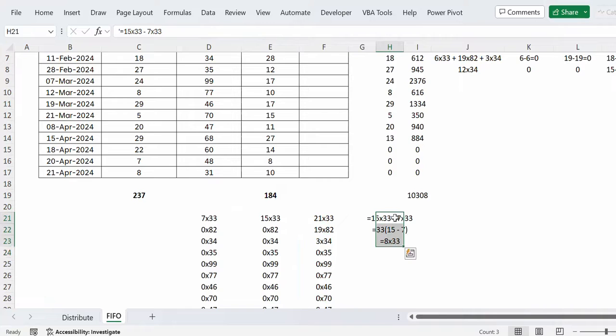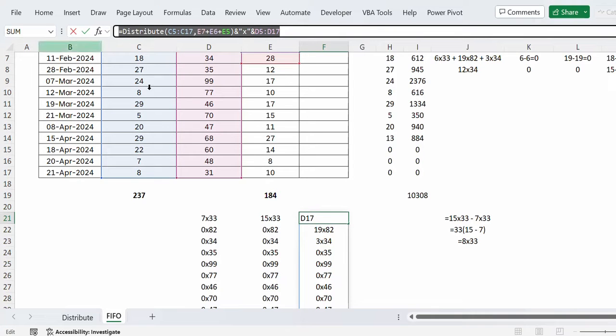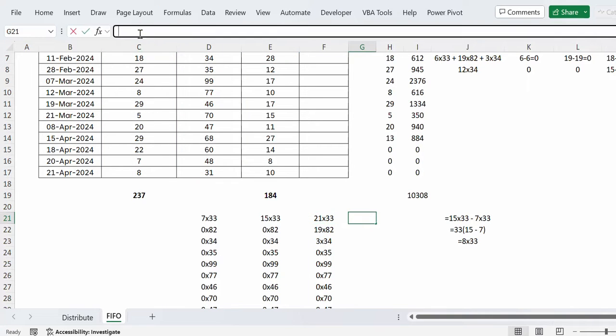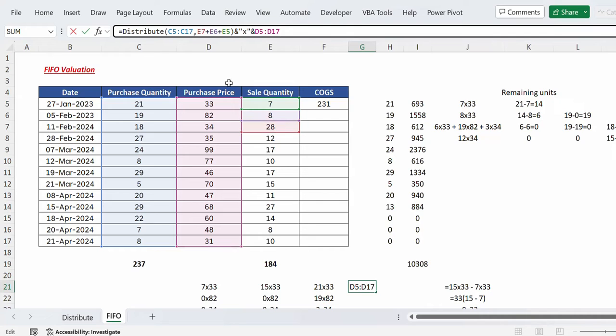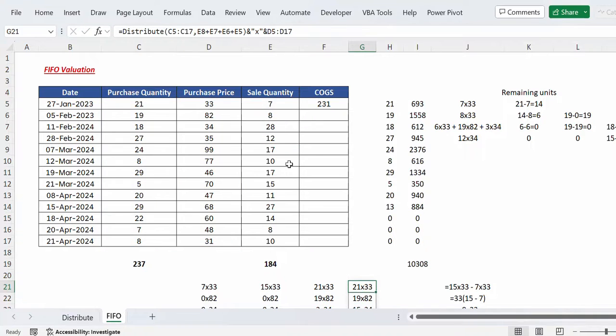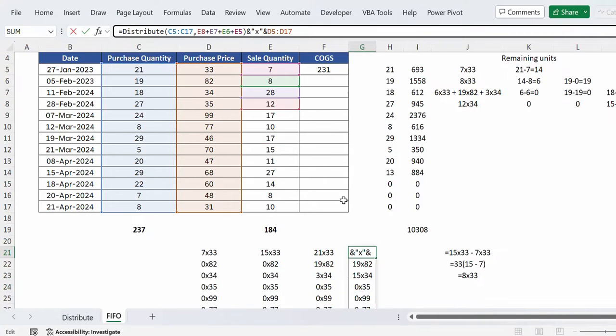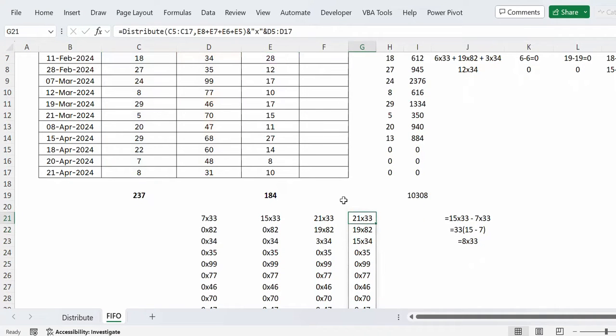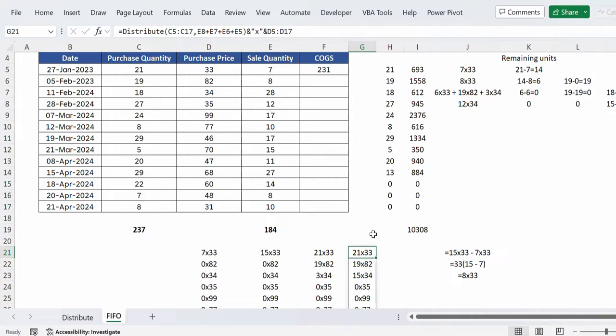And let's say we try to do that for the fourth sale that we made as well. So let's copy this, paste this here and try to see that. We will just add this fourth sale that we made as well. So we have got this distribution here, and see the magic here. If we see these two here, 21 minus 21 is 0.